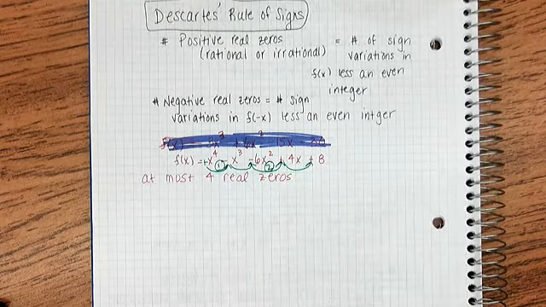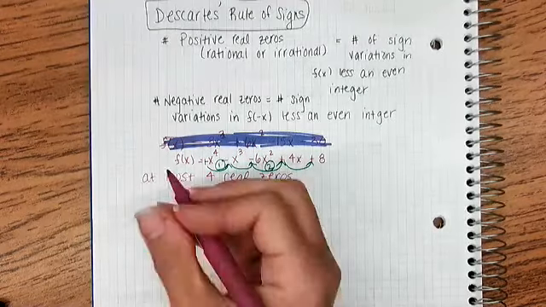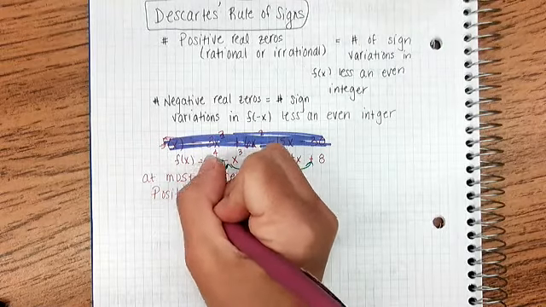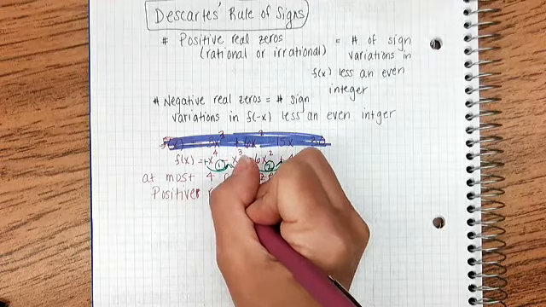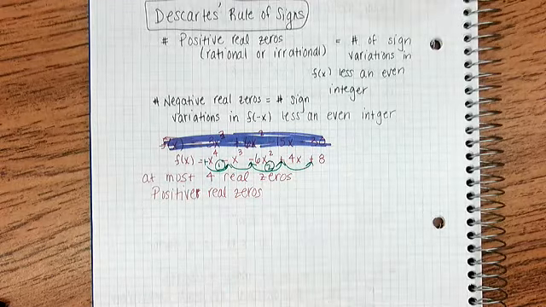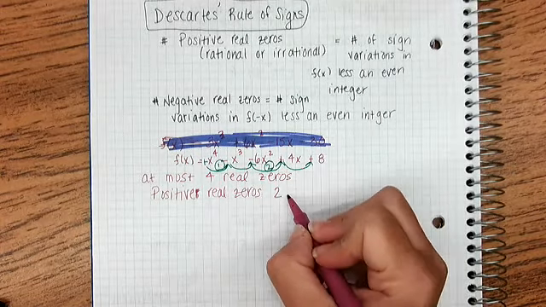Positive to positive is not a sign change. So for the positive real zeros, there are either 2.